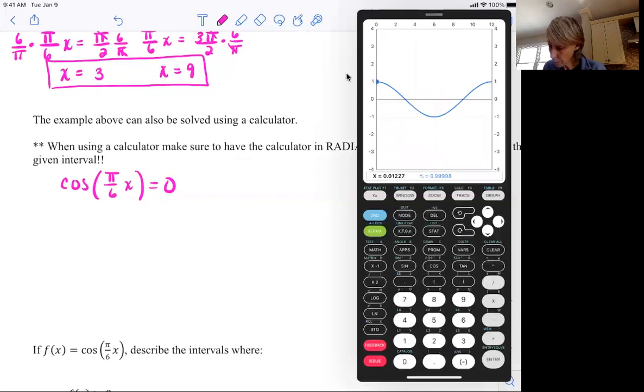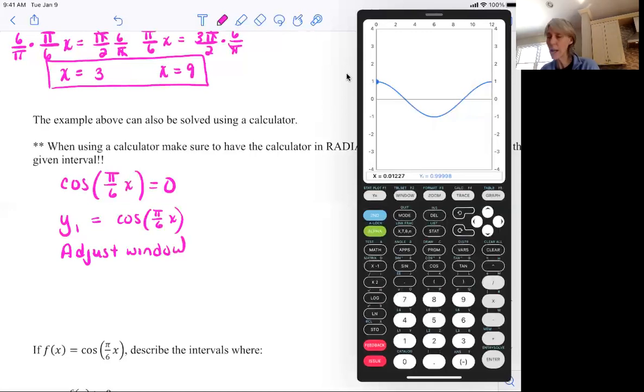So we're going to plug our equation into y1. And then adjust your window. And now we want to find the x-intercepts.